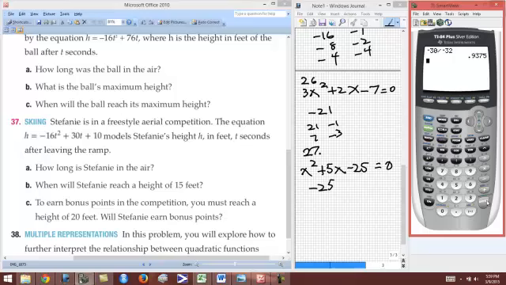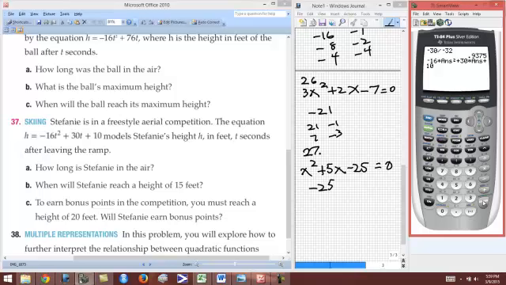Let's find the maximum height right now. Negative 16 times the second answer. Okay, second and minus, we're going to square it. Plus 30 times the answer, plus 10.